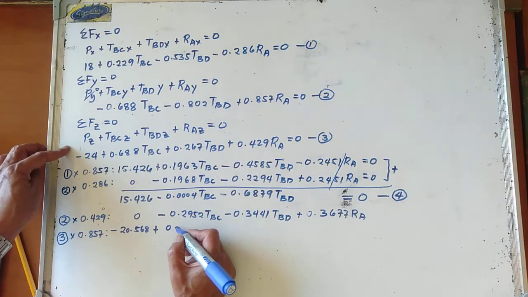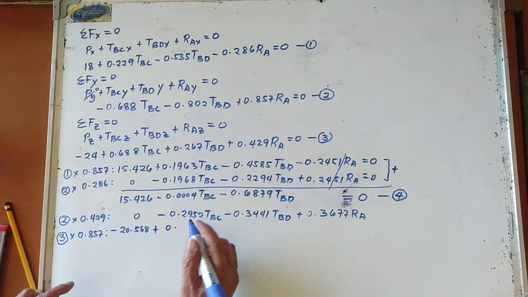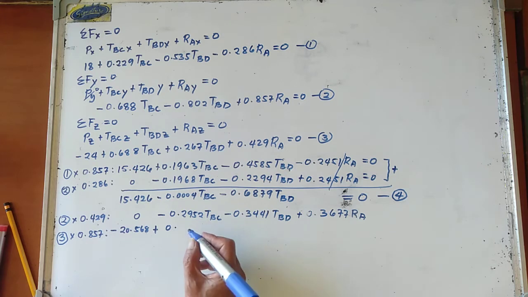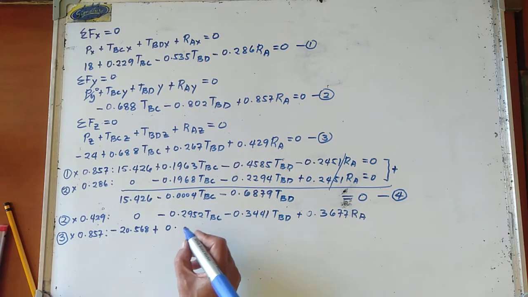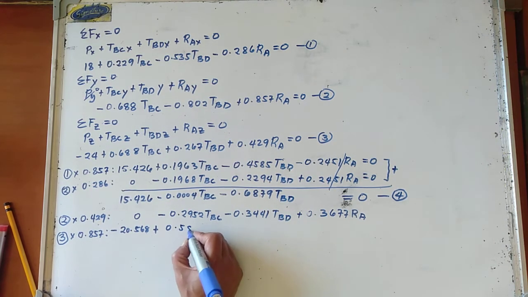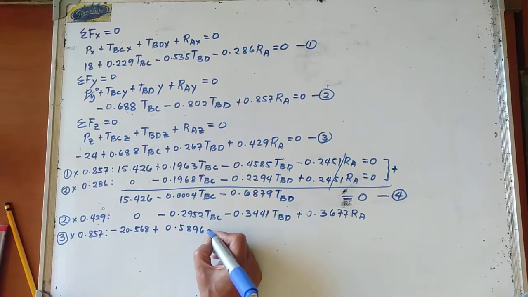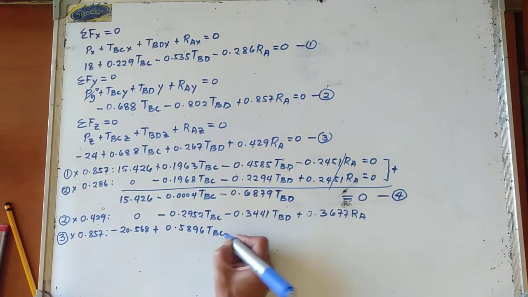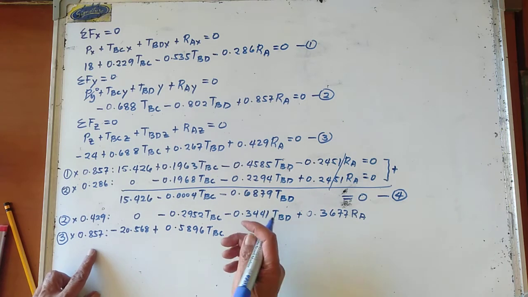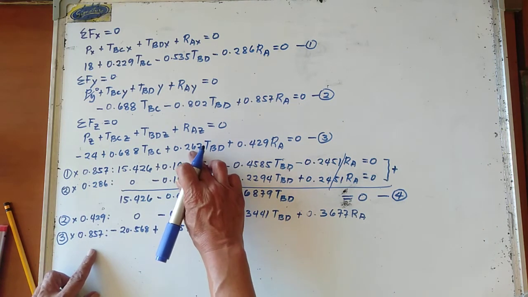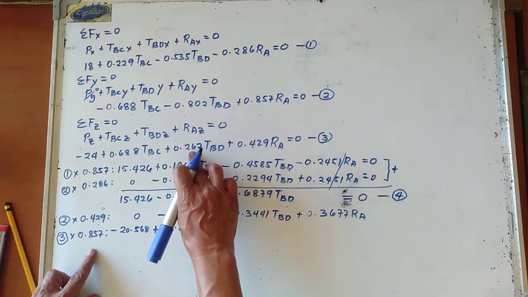So we have 5896 T sub BC. 0.857 by 0.267.